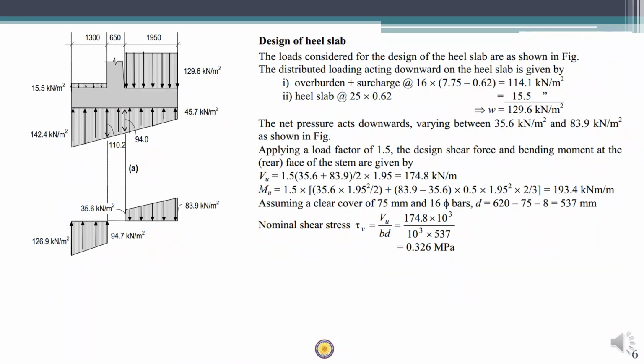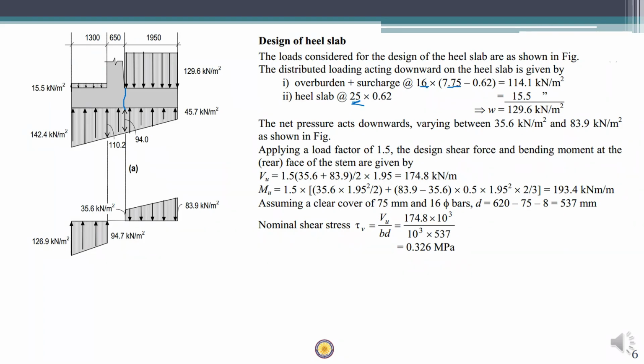Next, we will see the design of the heel slab. The design of the heel slab is very similar to that of the toe slab. The only difference is in the loading part. Here, the total load on the heel side is the weight of the slab, which is made of concrete, at 25 into 0.62, because 25 is the unit weight of concrete, along with the overburden pressure from the soil, which has a height of around 7.75 minus 0.62, and its unit weight is 16.